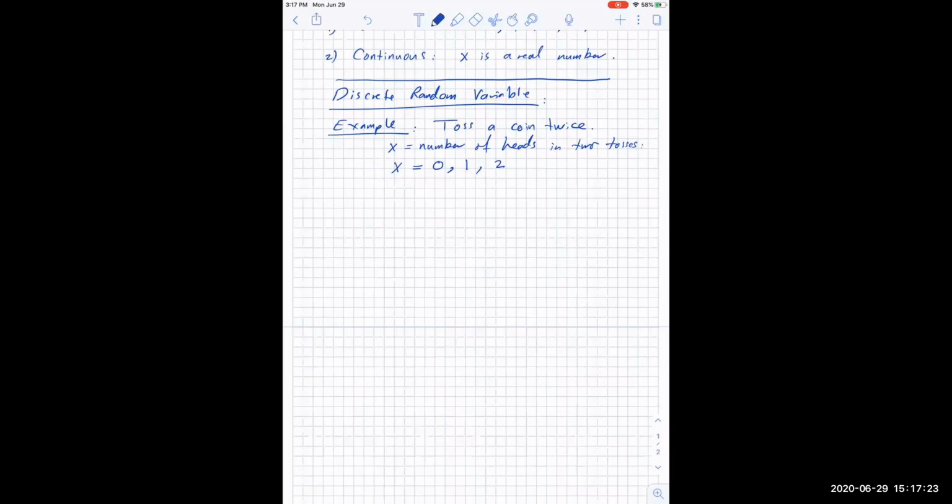If we look at what we call the sample space. In this experiment, when you toss a coin twice, the outcome of the 2 tosses could be heads, heads, or heads, tails, or tails, heads, or tails, tails.